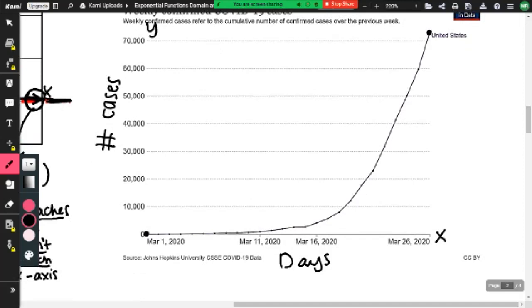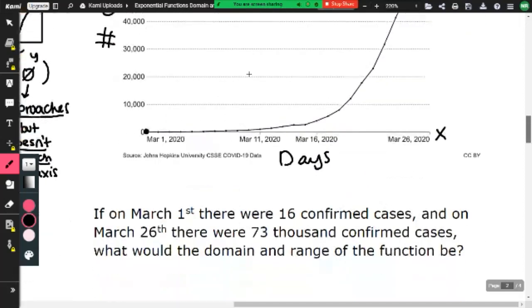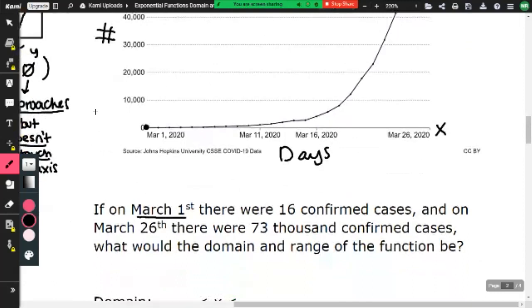We get these numbers off of the word problem. Look at the bottom paragraph. It says, if on March 1st, that's my day, how many cases? 16 confirmed cases. So 16 cases. And on March 26, there were how many? 73,000.